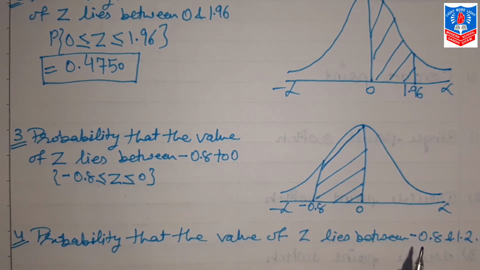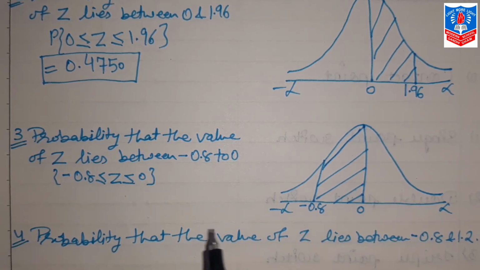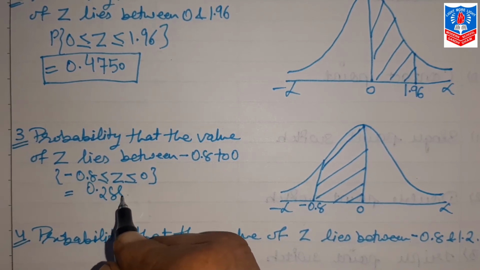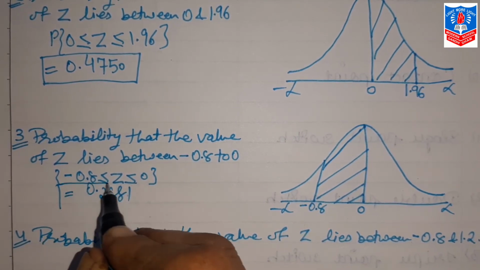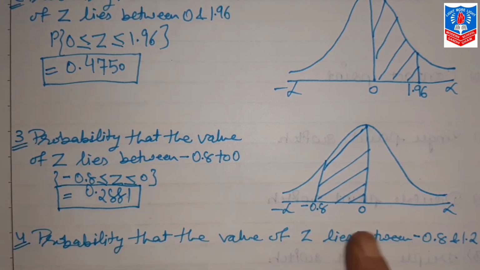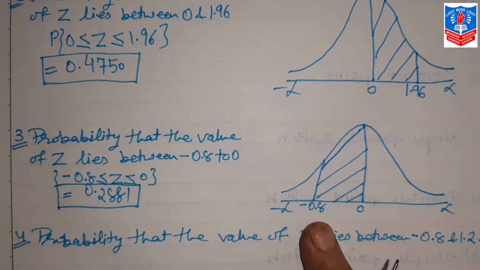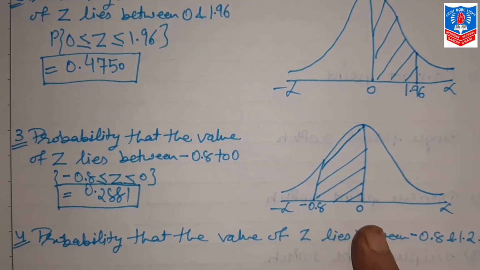Here I am writing the value directly, that is 0.2881. So this is how we find the area between minus 0.8 and 0.